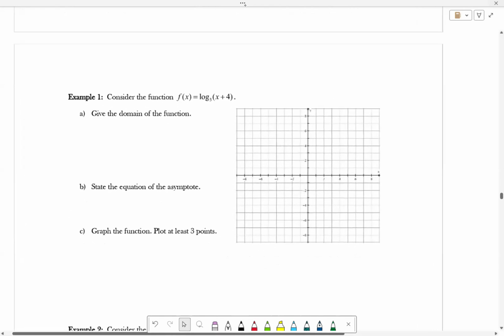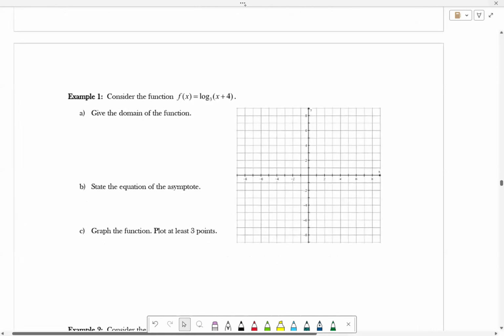Okay, let's try this one. Let's do the parent graph first. Parent graph: y is equal to log base 3 of x. And then it's all going to shift. But first, let's do the parent function. I just want 3 points.